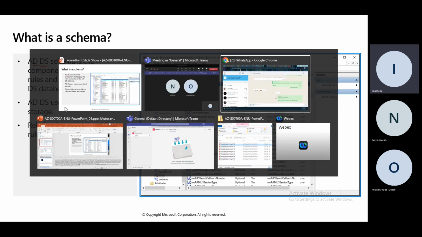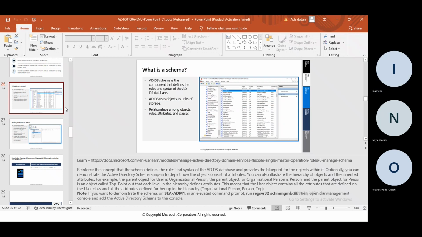Okay. So now here you say: reinforce the concept that the schema defines the rules and syntax of the ADDS database, and also provides the blueprint for the objects within it.